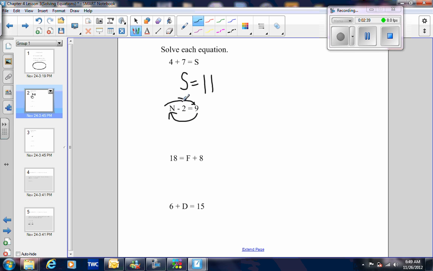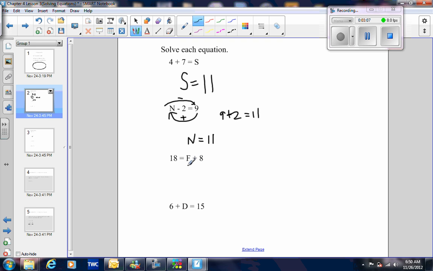And the opposite of subtraction is addition. So 9 plus 2 is equal to 11. That means n, where we started, has to be 11. So working in this direction I subtracted, I have to do the opposite to get back to where I began.